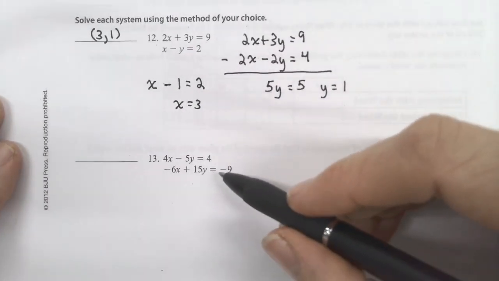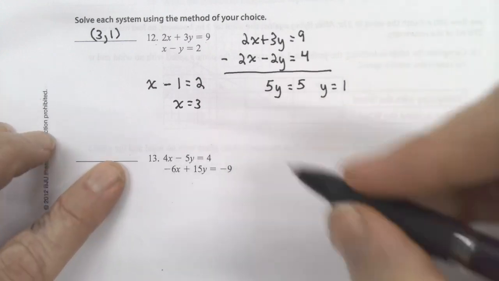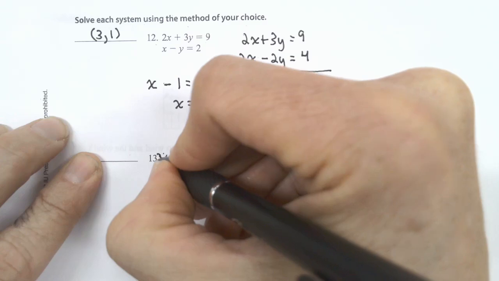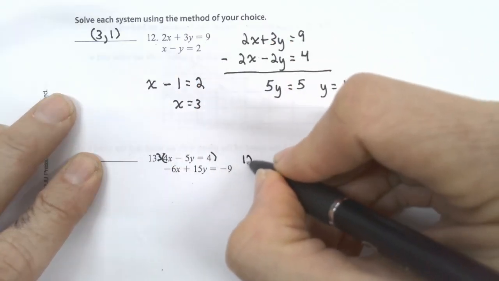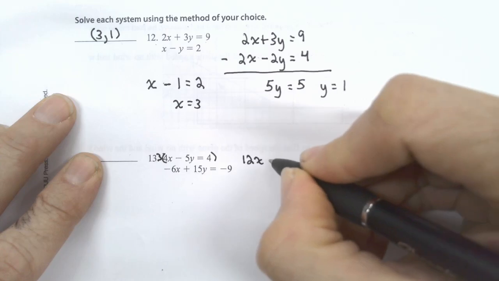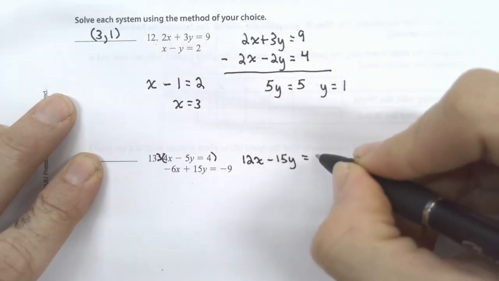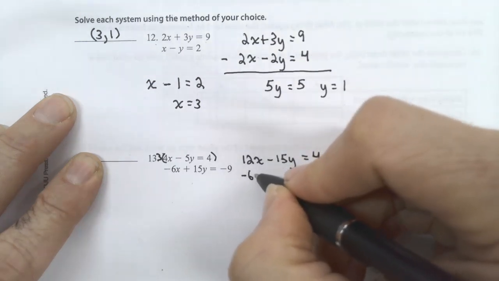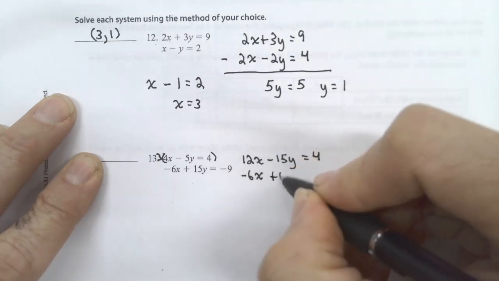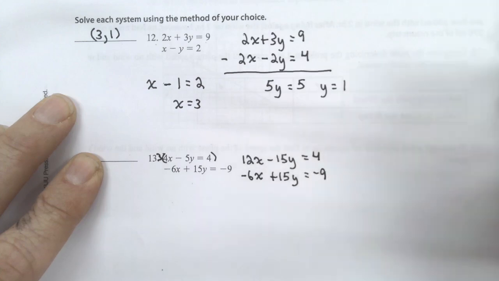Ooh, this one looks pretty nasty. I'm going to multiply the top equation by 3. And so what I'll get is 12x minus 15y equals 4. And now I've got this equation here, -16x plus 15y equals -9.